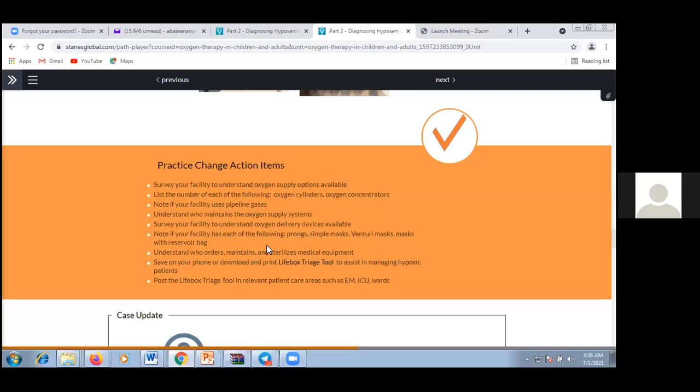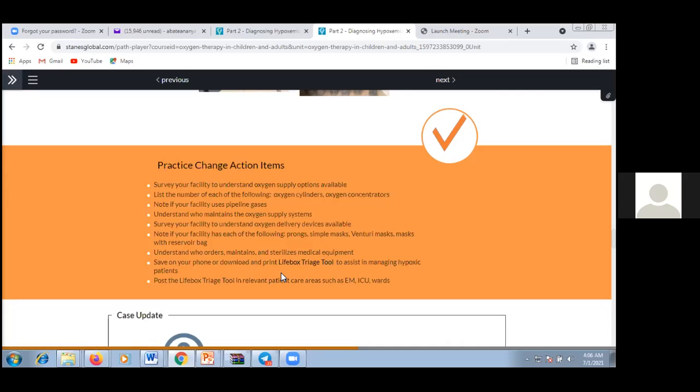Survey your facility to understand oxygen delivery devices available, like simple mask, venturi mask, mask with a reservoir. And by just doing this survey, you need to understand who orders, maintains, and sterilizes medical equipment. And I have shown you the hypoxia triage tool before, so you have to download that.